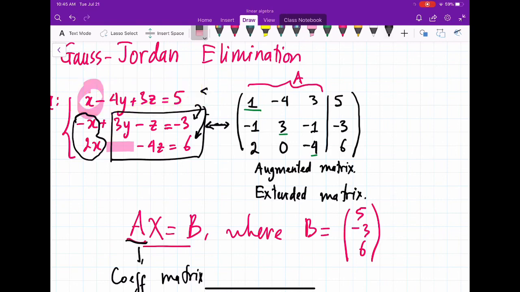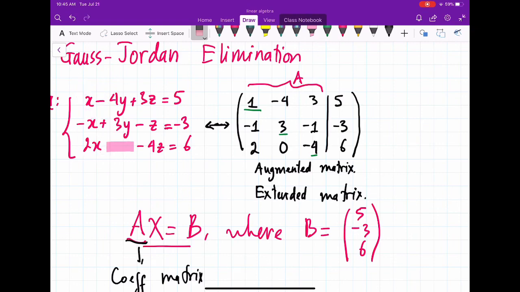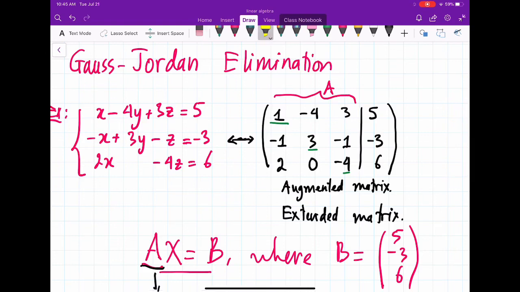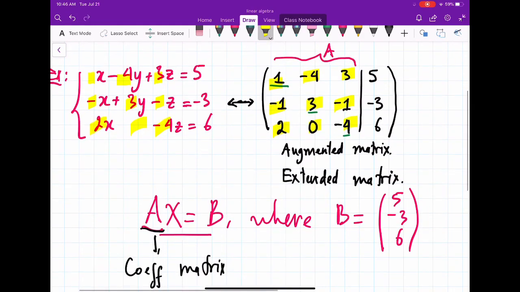Let's look at this one more time, okay? The first row has all coefficients of variables in the first equation: 1, negative 4, and 3. In the second row, you have negative 1, 3, negative 1. Then 2, 0, negative 4. You see that? That's why A is called the coefficient matrix.